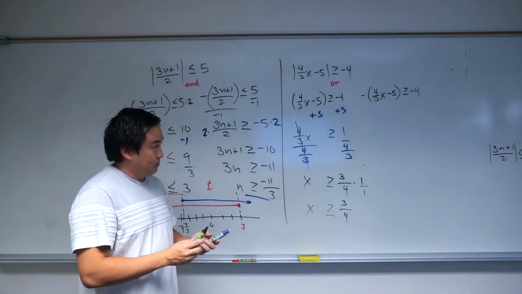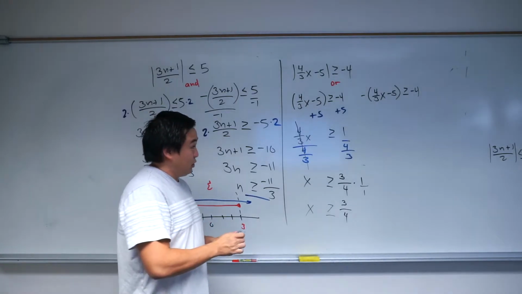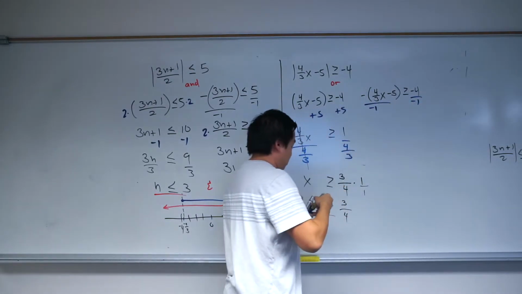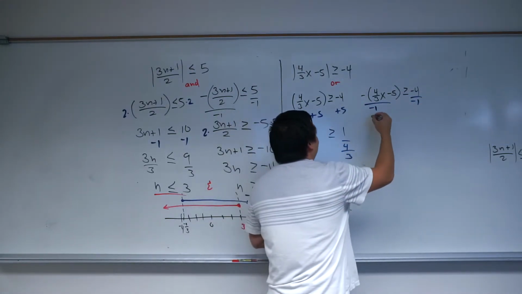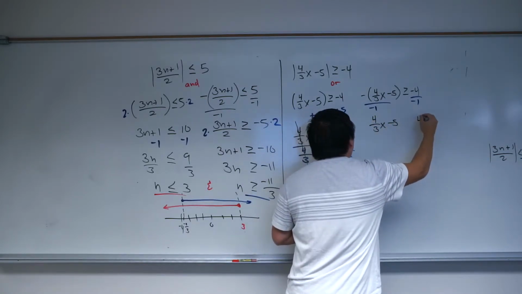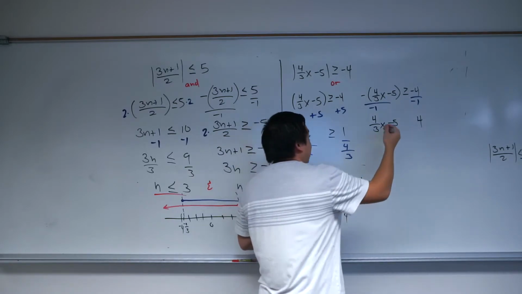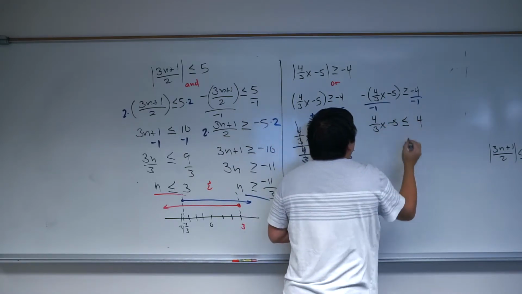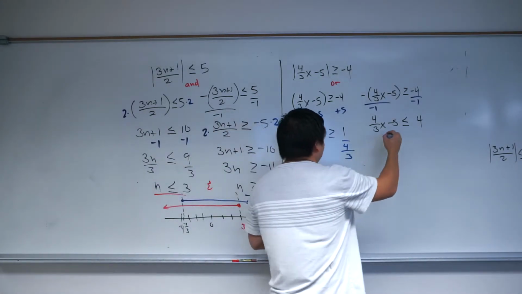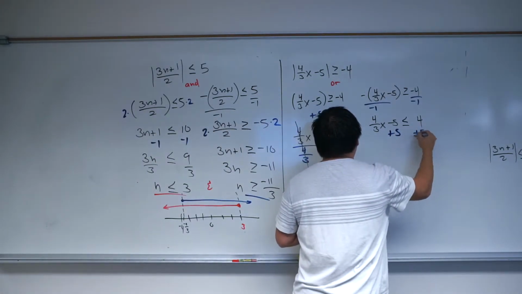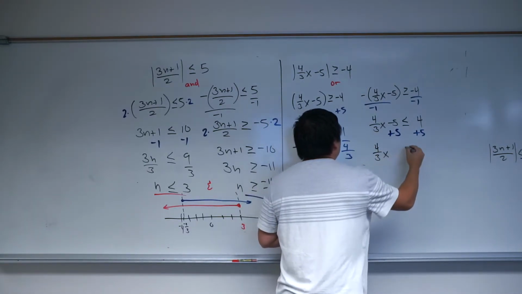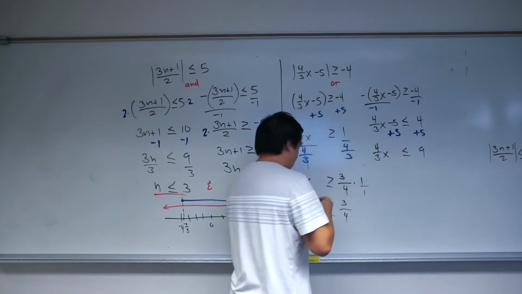Now let's do the other one. When you divide by this negative 1, what you're going to get is the 4 over 3x minus 5, 4 on the right, and then again the inequality flips because we're dividing by a negative 1. Add 5 to both sides. So 4 over 3x is less than or equal to 9.